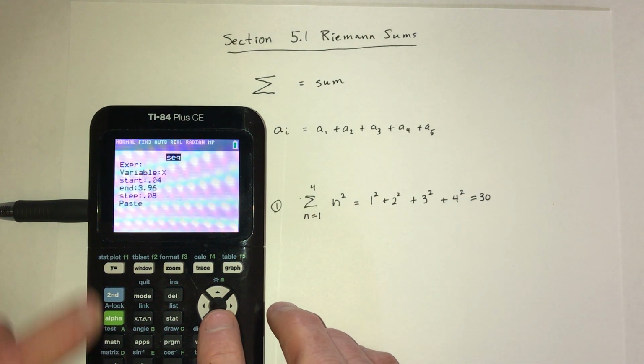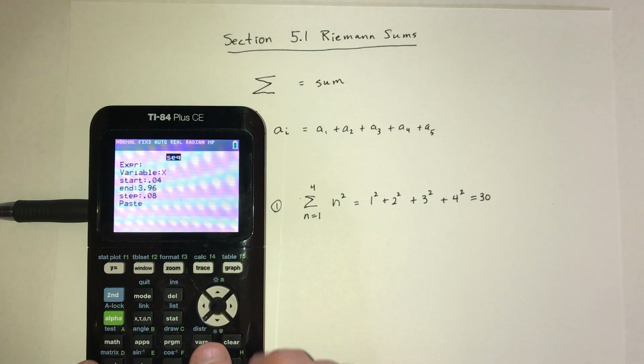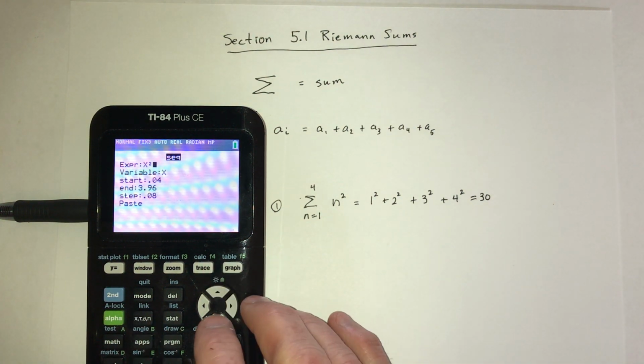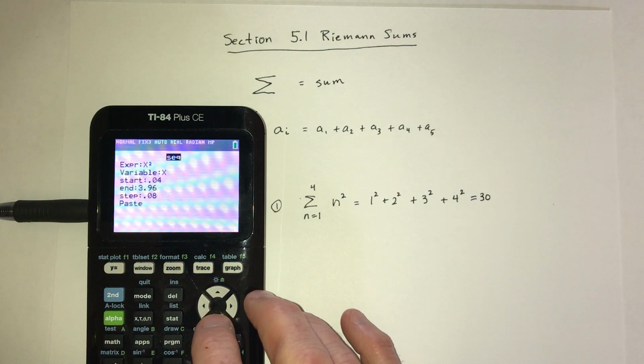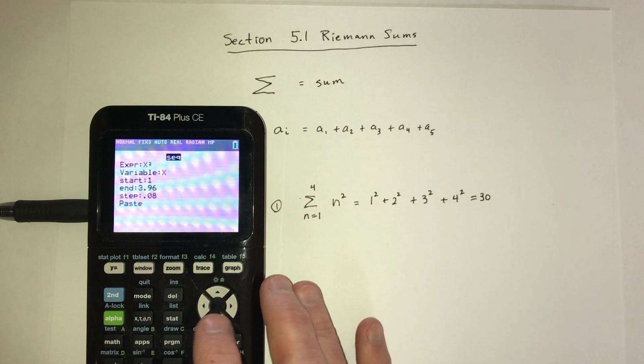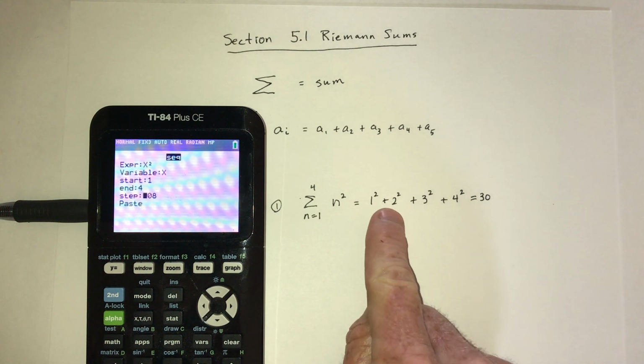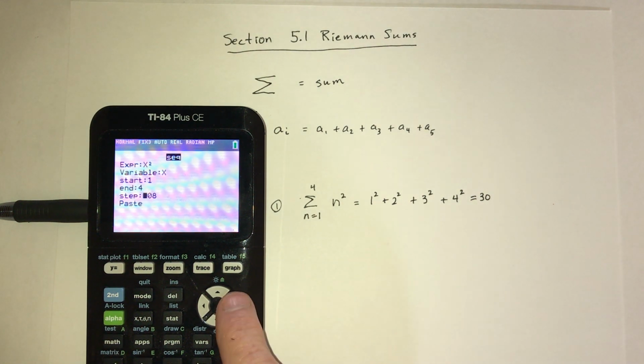So if you do have this in your operating system, then you put the expression, which I can just use x as the variable, x squared, as long as right there you tell it x is the variable. And then start with 1 and go to 4. And step means, right here I went from 1 to 2 to 3 to 4, so the step is 1.